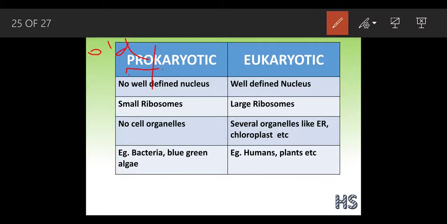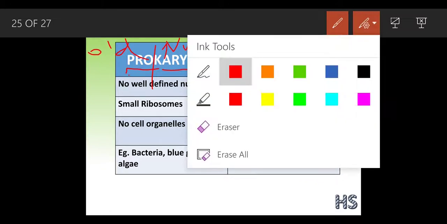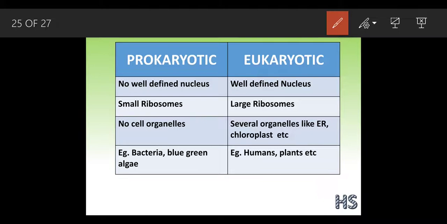The word karyotic means nucleus. The word eu means true, and karyotic, as already mentioned, is the nucleus. So, old nucleus and true nucleus. Let's understand them perfectly.